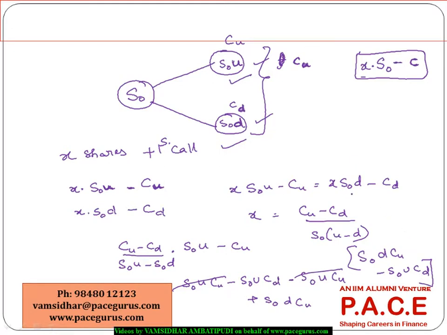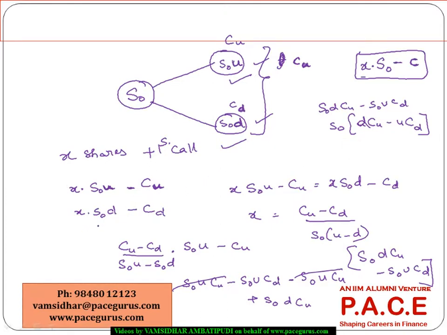And from here, I should be able to make out the value. So the worth of the portfolio is S naught D CU minus S naught U CD, divided by S naught into U minus D. This is the kind of price that is coming out, and I can very well take the risk-free rate of return, because this is the worth of the portfolio in any case.